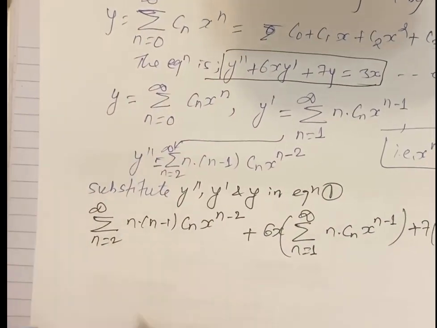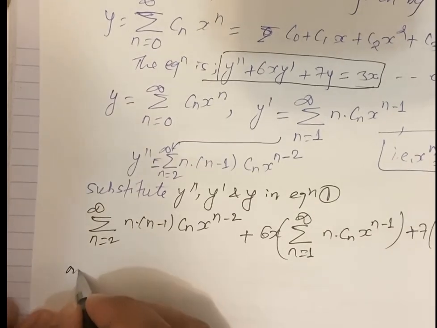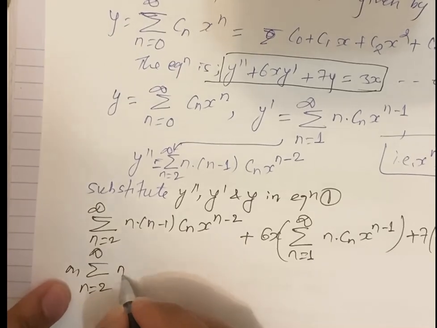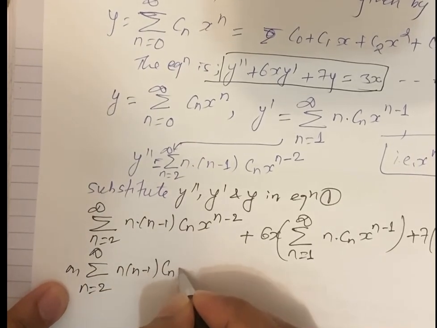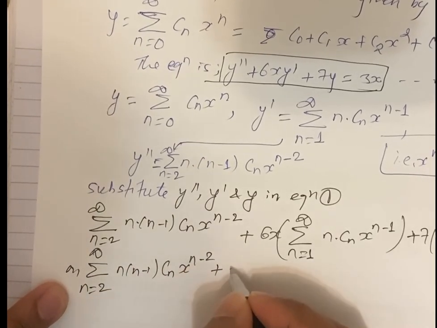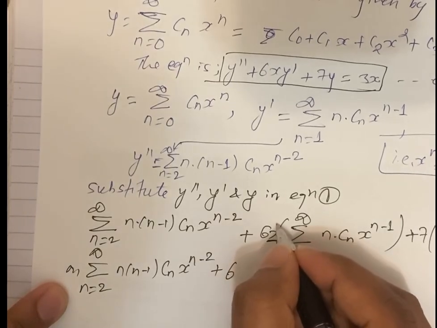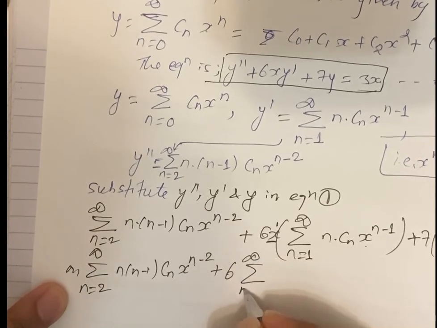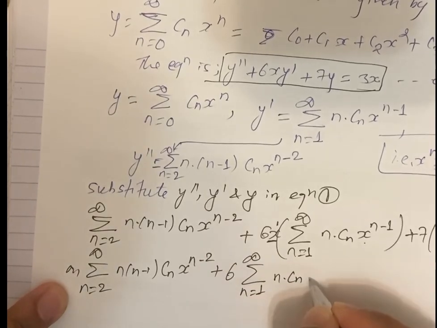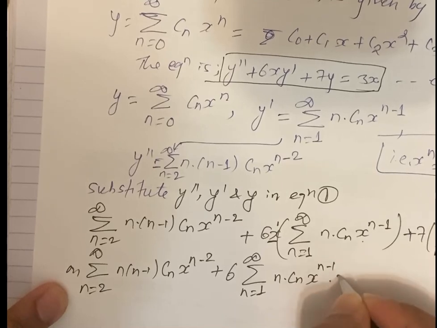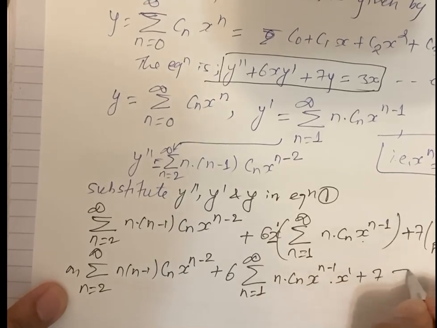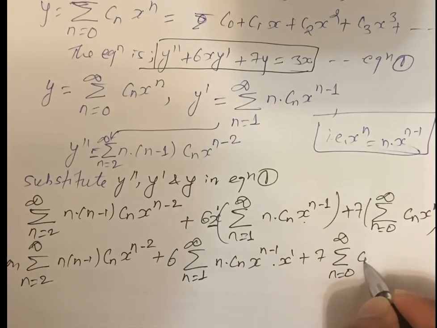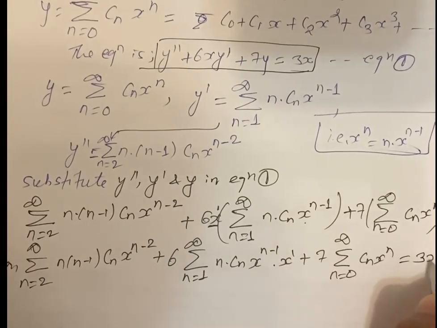So the sum from n equals 2 to infinity of n into n minus 1 Cn x to the power n minus 2, plus 6 times the sum from n equals 1 to infinity of n Cn x to the power n minus 1 into x to the power 1, plus 7 times the sum from n equals 0 to infinity of Cn x to the power n, is equal to 3x.